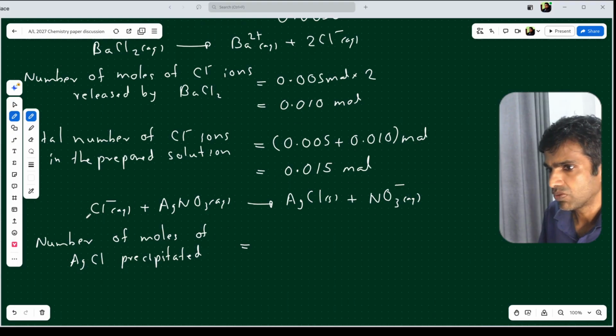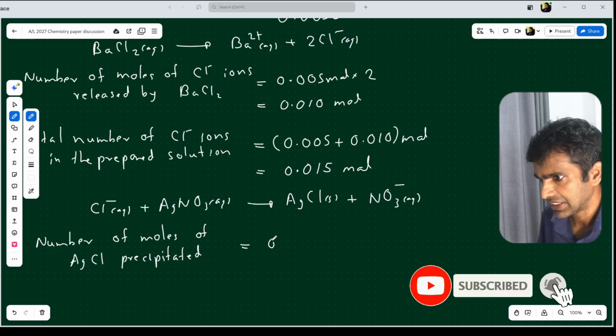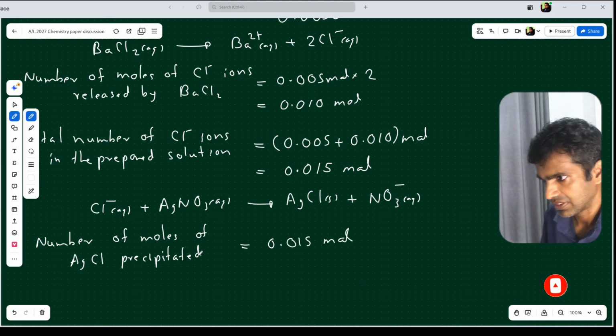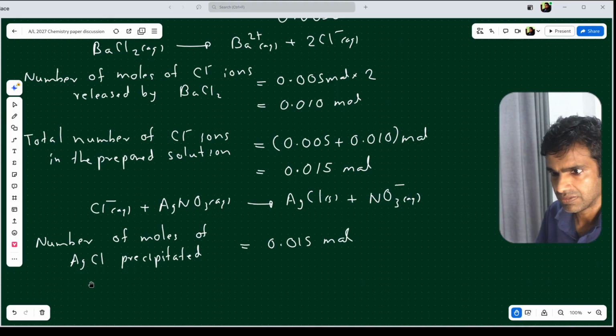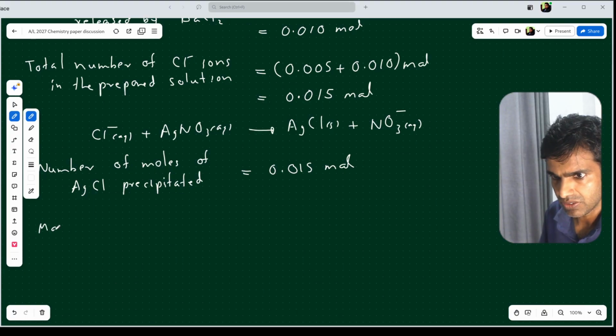The mole ratio is 1 to 1 when we consider chloride ions and silver chloride. Therefore, the number of moles of silver chloride precipitated is 0.015 moles. Then we can calculate the mass of silver chloride precipitated.